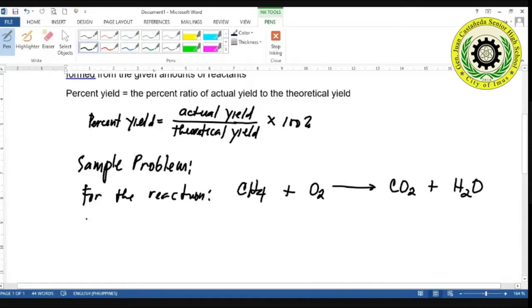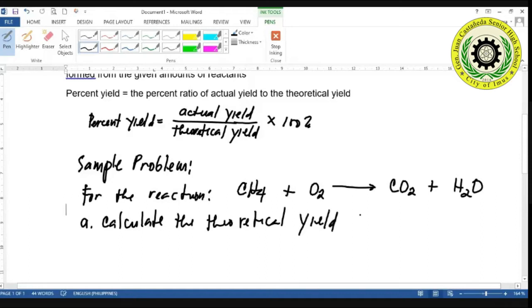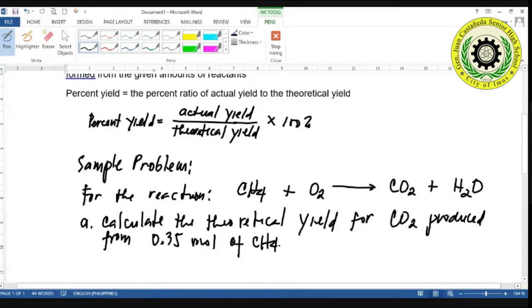So letter A, the question is calculate the theoretical yield for carbon dioxide produced from 0.35 mole of methane. Angat ko lang po ng konti aking screen.